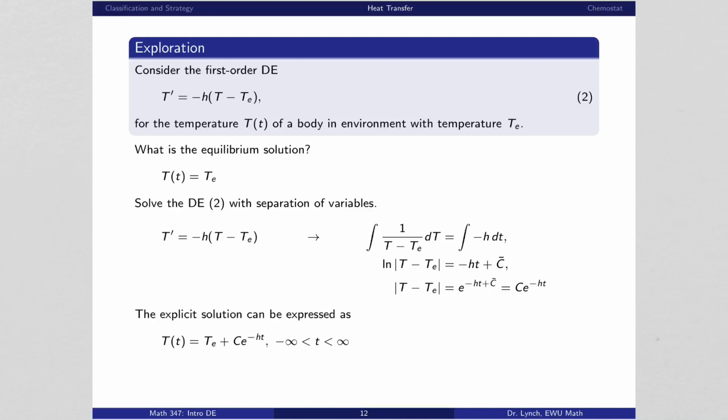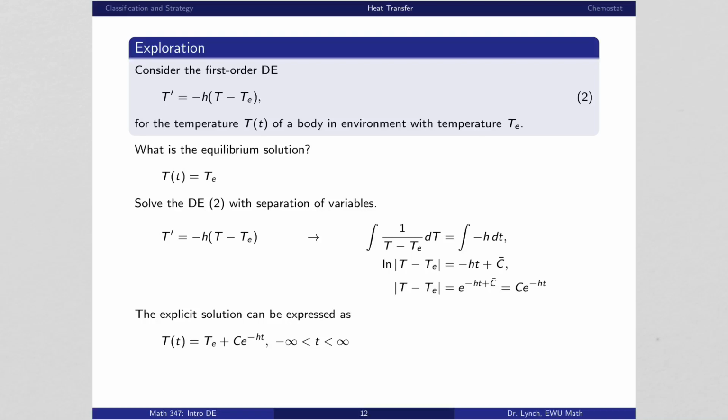Of course, we can undo this natural log by exponentiating and identify the explicit solution, the explicit family of solutions, I suppose, as this function capital T of t is capital T sub e plus some constant times e to the minus ht.